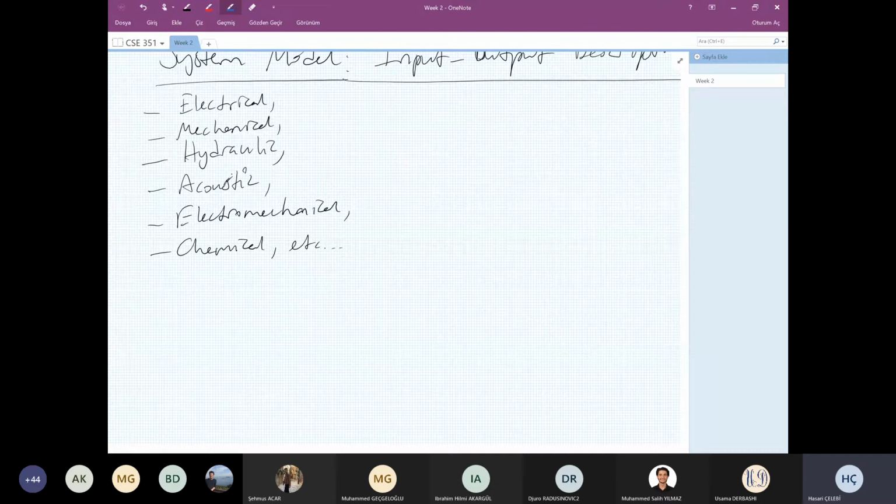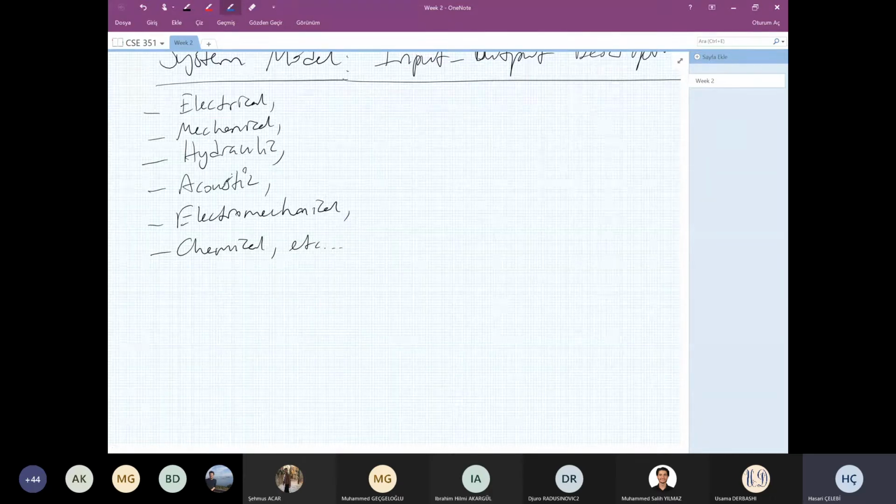So you need to come up with a simple expression that shows the characteristics of a given system. And this system can be electrical, mechanical, computer, hydraulic, acoustic, electromechanical, chemical. In other words, it can be a robot, a drone, a smartphone, and so on.